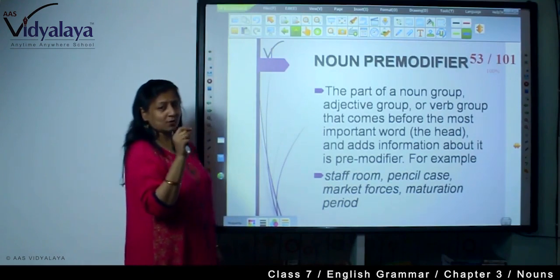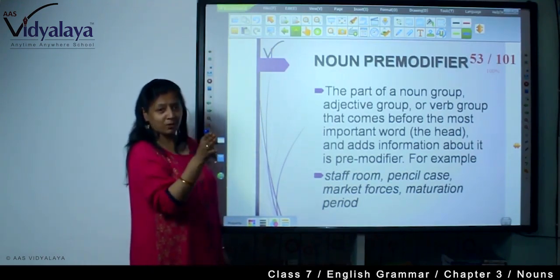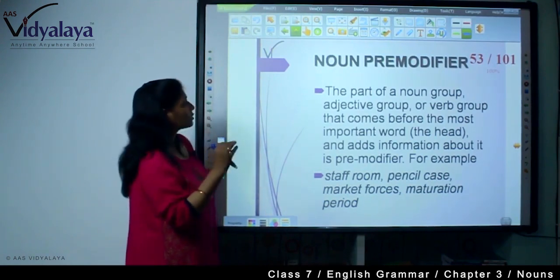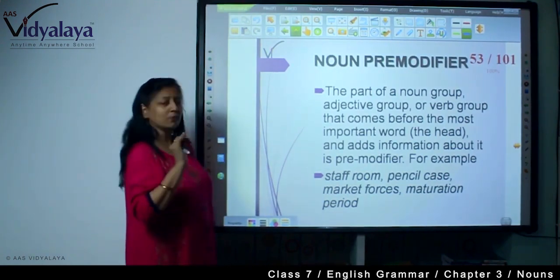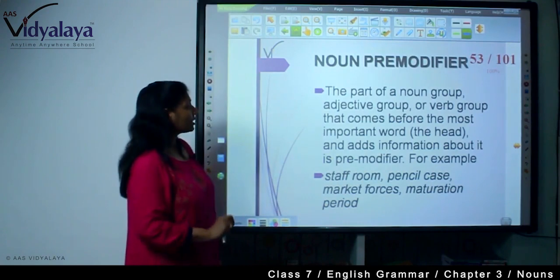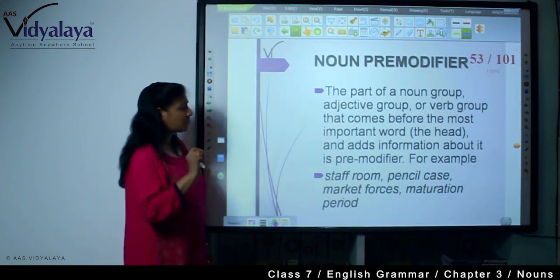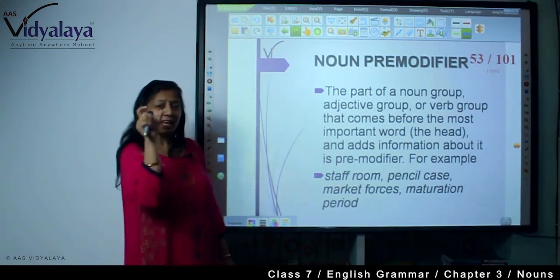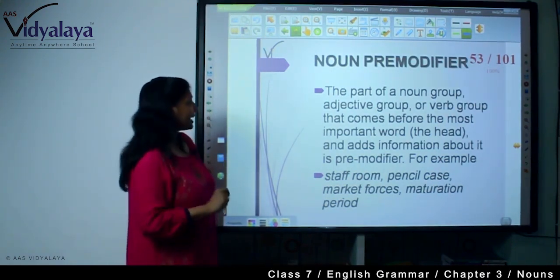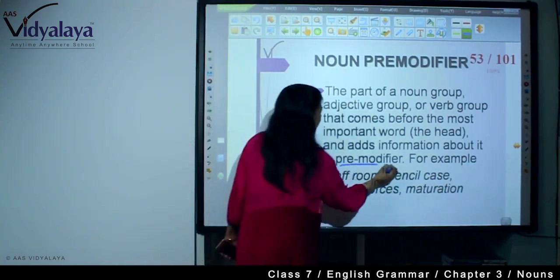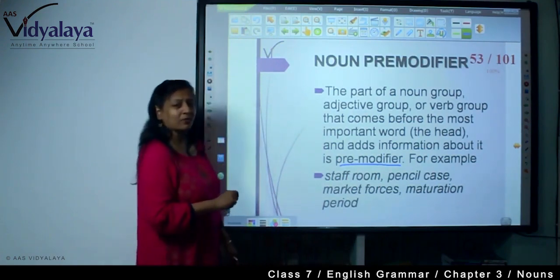Now I have just told you they are also called noun pre-modifier, noun adjunct, and converted adjective. So we will come to know about noun pre-modifier. The part of a noun group, adjective group or verb group that comes before the most important word, the head word, and adds information about it is a pre-modifier. What is the pre-modifier?